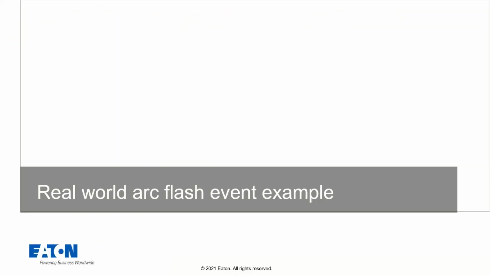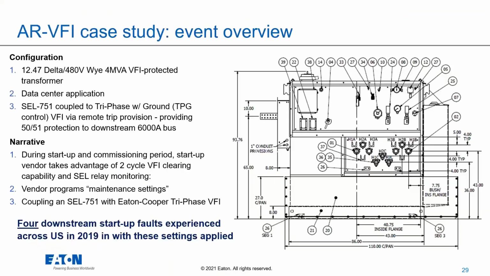So I do actually want to look at a real-world arc flash event example as well. This is an example where they actually did have a full arc reduction VFI transformer. Before, we were looking at the concept of the secondary relaying and some of those pieces spread out in the system.